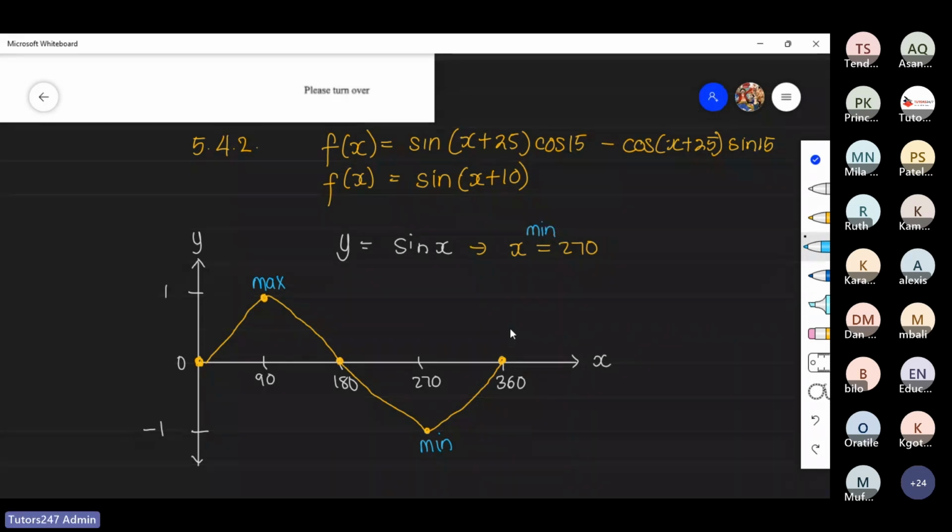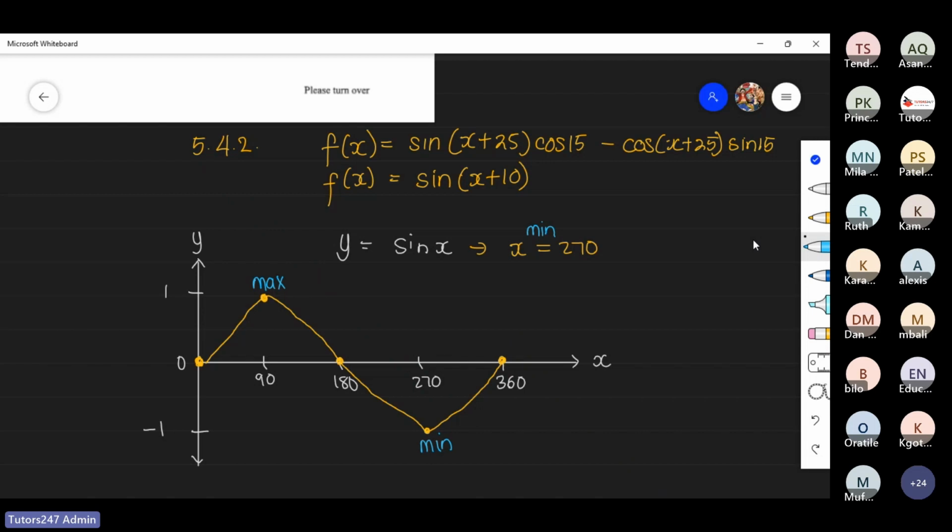Now, if we have x plus 10, is that graph shifted 10 units left, 10 units right, 10 units up, or 10 units down? How do we know? We know that because it's in the bracket. If it's within the bracket, it refers to a horizontal shift, meaning the left and right shift.